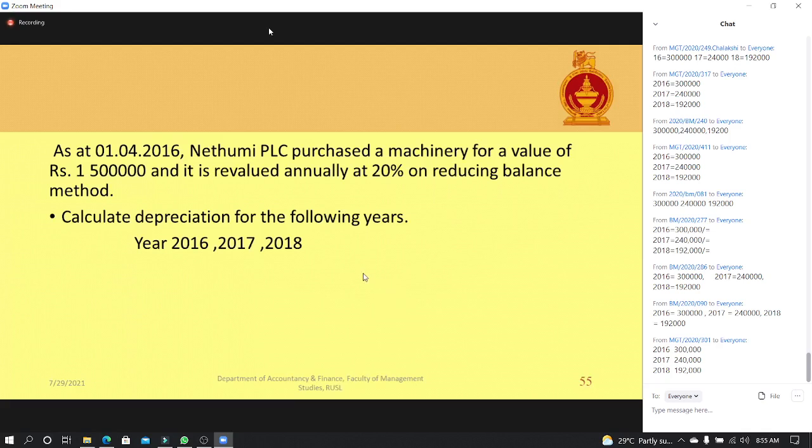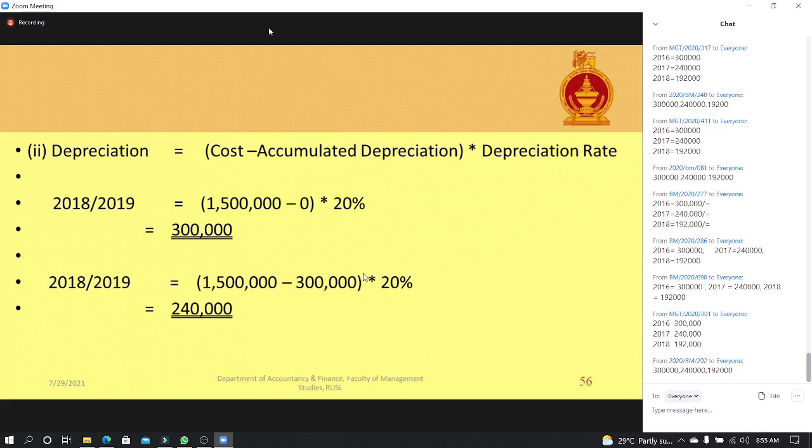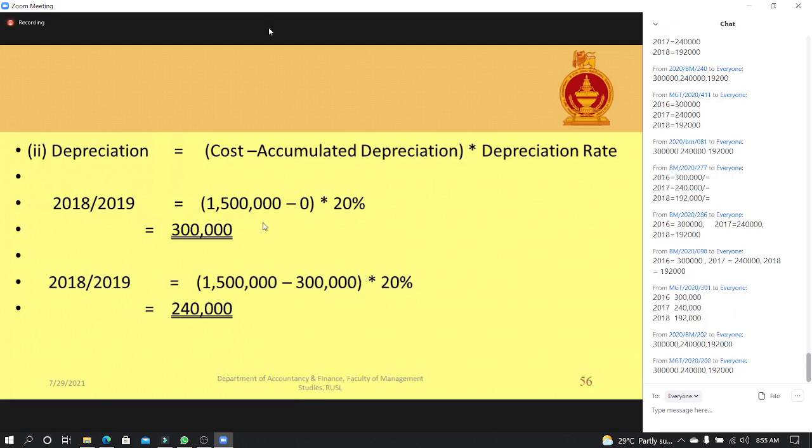Okay, we will see the answers. So depreciation for the first year, there is no accumulated depreciation to reduce. So we get the cost and multiply by the depreciation rate.